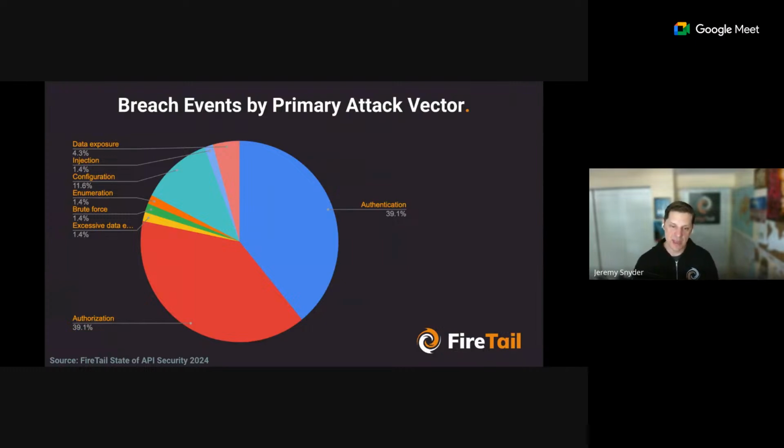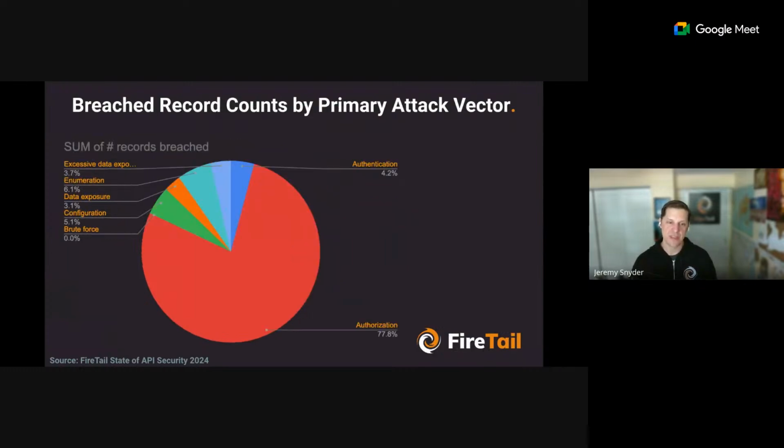When we shift that view and we calculate instead based on number of records, we see that authorization really kind of takes the cake, sort of pun intended, since we're using a pie chart here to represent the data. But authorization is really kind of by far the #1 threat against APIs. And so if you're not looking at good authorization methods on your APIs, just be aware that that is well known and well abused out in the real world.